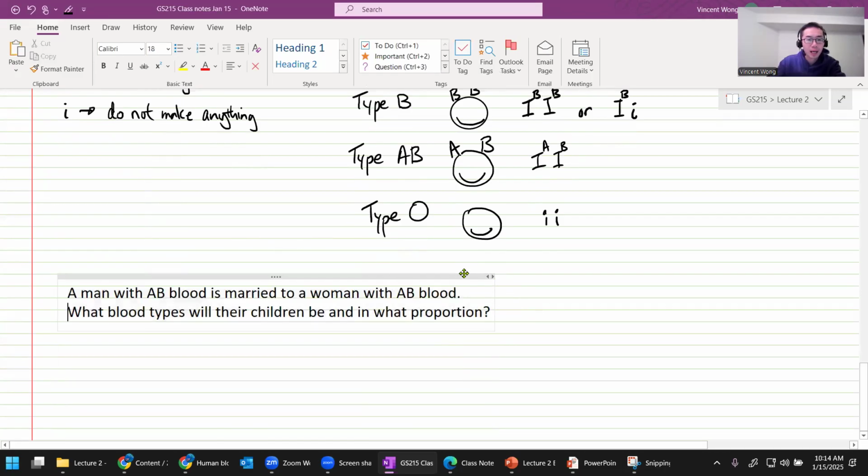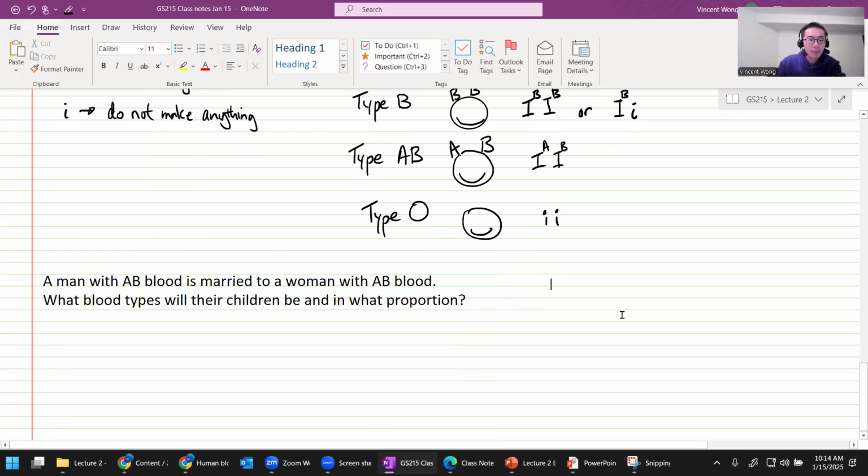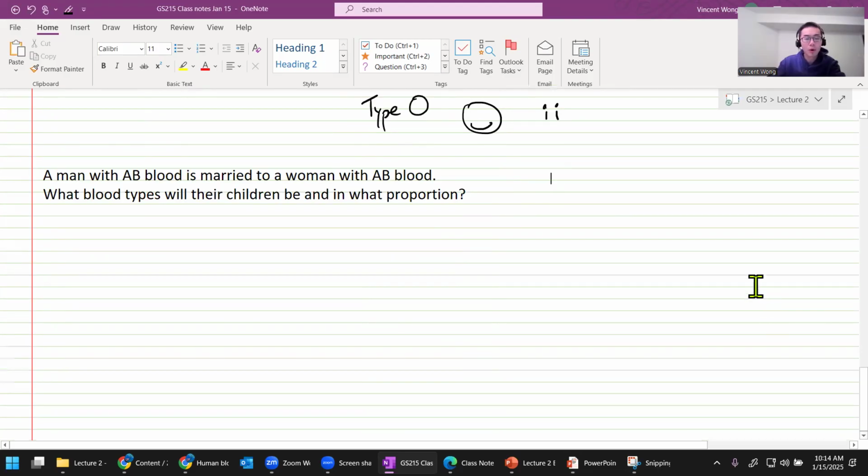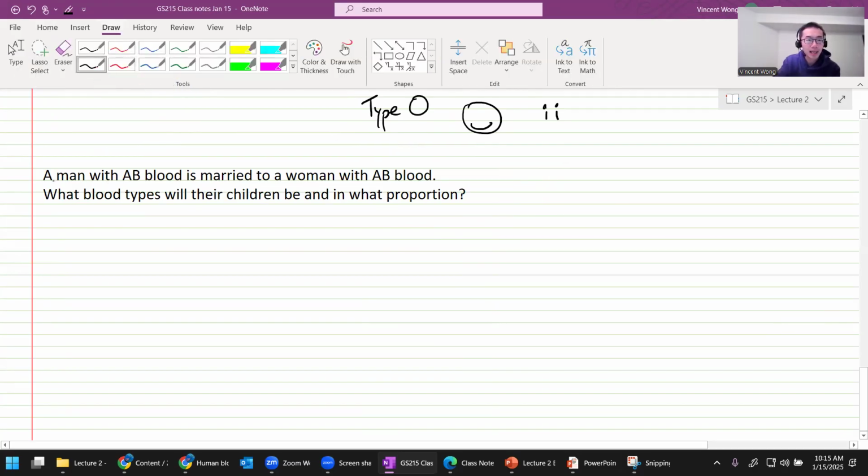There we go. A man with AB blood is married to a woman with AB blood. What blood types will their children be in what proportion? All right, so let's take a look at the man here. The man has AB blood.